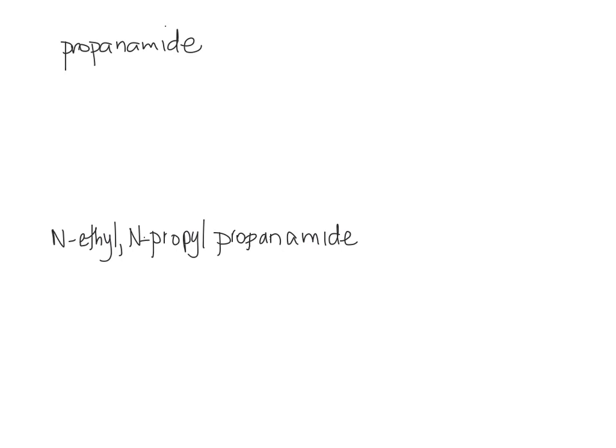Okay, let's draw these structures. Propanamide. So we know we've got a 3-carbon chain based on the prop. And there's no N prefixes, so we know it's a primary amide.